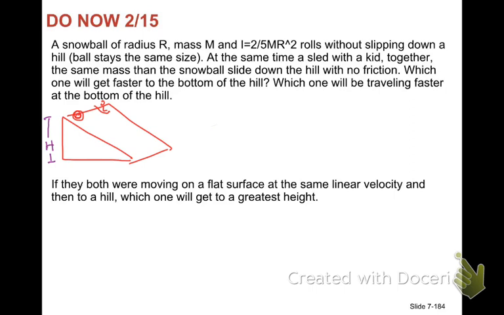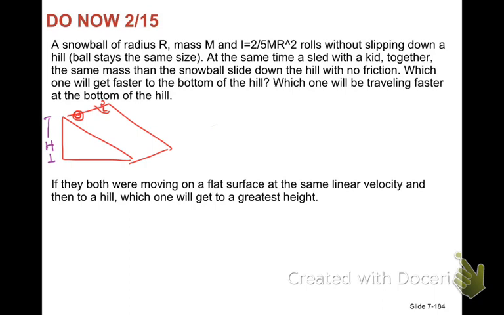The last concepts that we have seen so far: kinematics, forces, projectile motion, which this is not, momentum, and energy. So let's go to energy. What types of energies do we have in this problem?